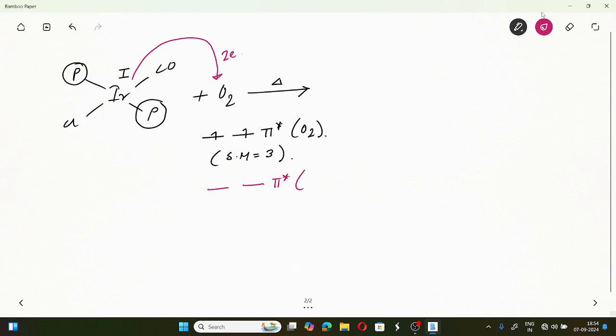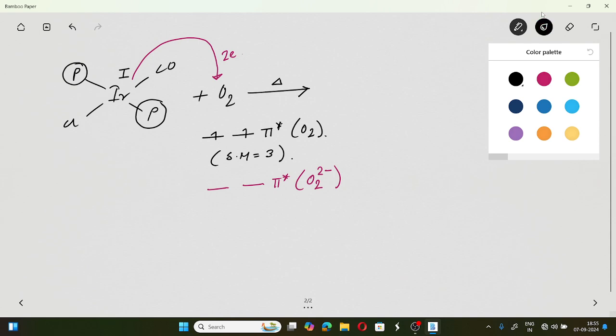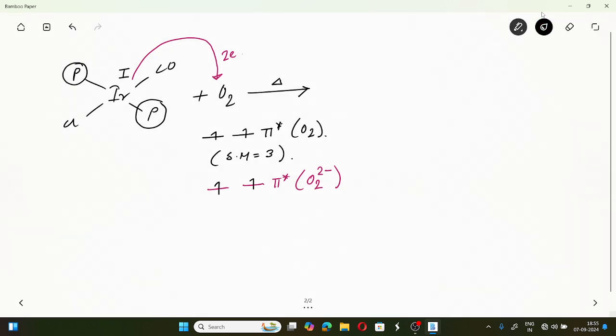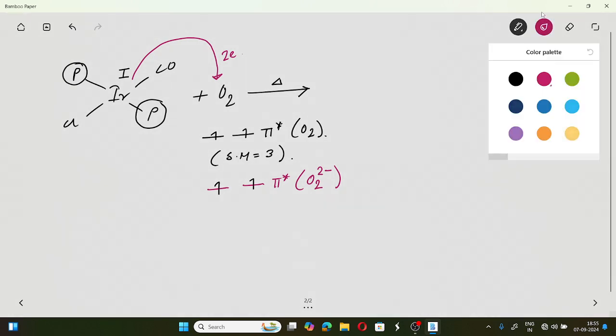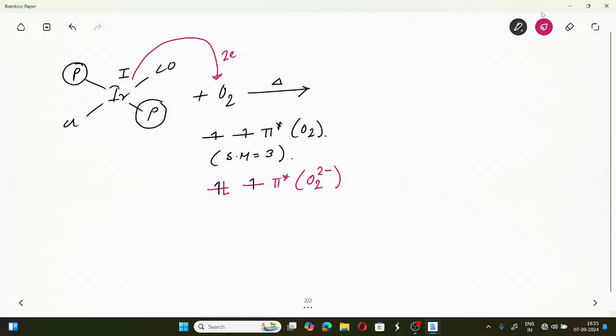When it does, the oxygen is converted to peroxide. These are the two electrons accepted from the iridium center. So molecular oxygen is converted to peroxide and this peroxide gets linked to the iridium center.